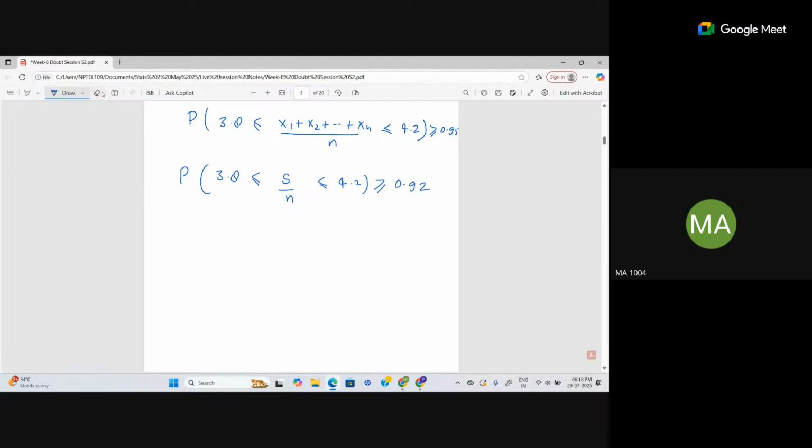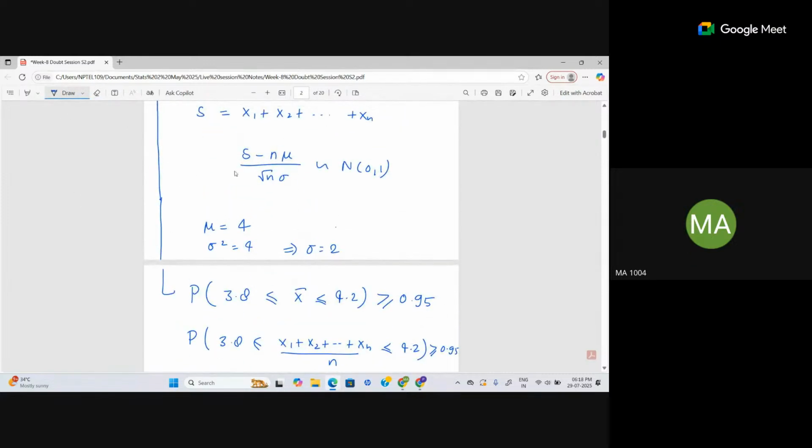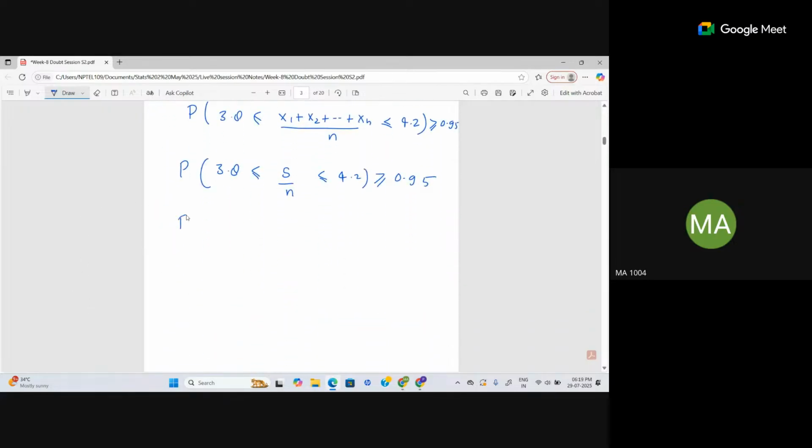Now our objective is to convert it like standard normal, so we have to make it like (S minus n mu) divided by root n sigma. So I'll do it like this. You can transfer n to both sides, a simple calculation: 3.8 n less than or equal to S, less than or equal to 4.2 n.